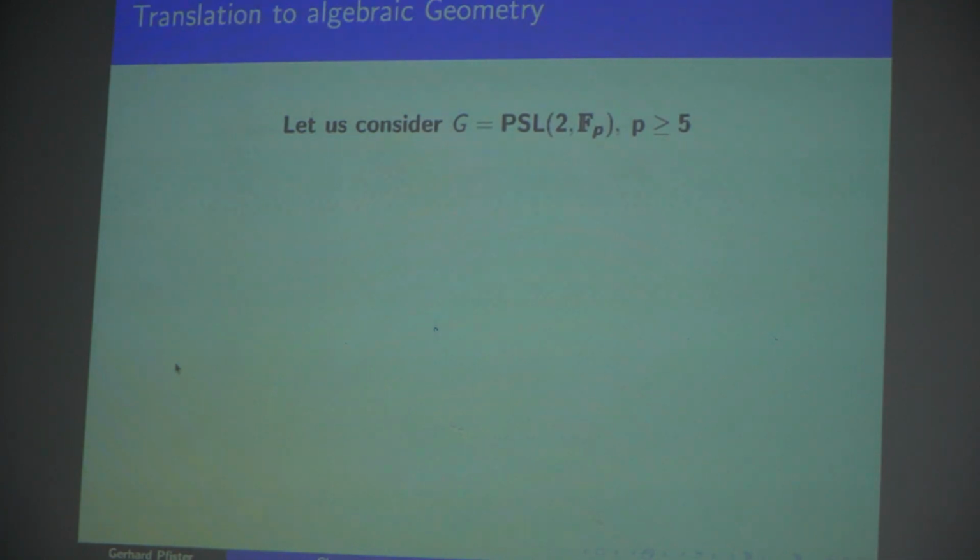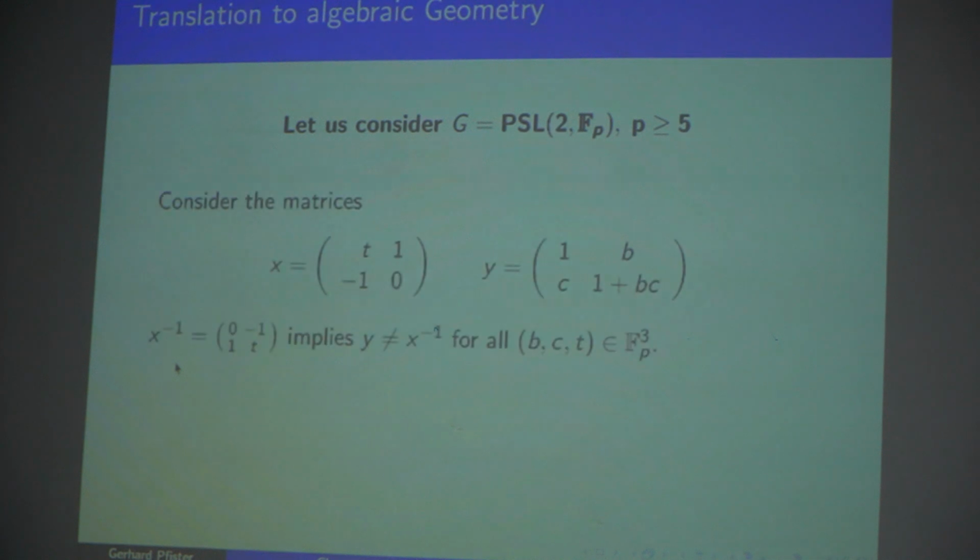So what we will do here is a simple case. We take the group PSL2 Fp, these groups for p greater or equal to 5. So PSL2, as I explained, is a quotient group by the special linear group. So the elements are represented by matrices with determinant 1. So we take two elements, x and y, of this special form here.